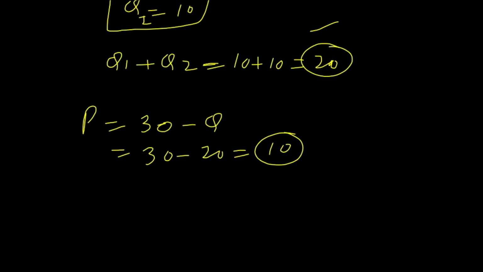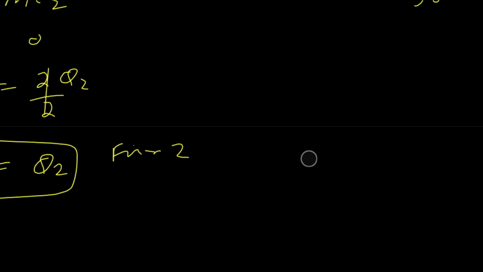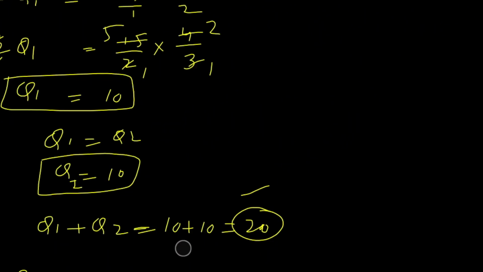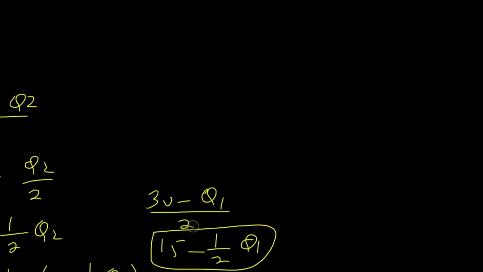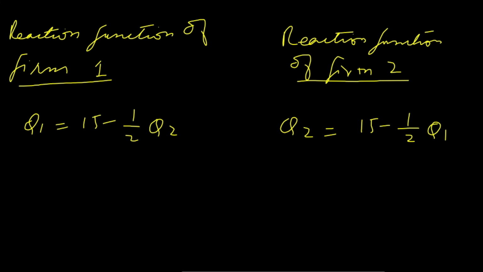Now we have to find the equilibrium graphically, and we can plot these values into a graph. Now we have to plot the values of firm 1 reaction function and firm 2 reaction function into a graph. And we have the reaction function of firm 1, Q1 is equal to 15 minus 1 over 2 Q2, and if we consider Q2 equals 0, then we will get the value of Q1 equal to 15 minus 1 over 2 into 0, which is equal to 15.